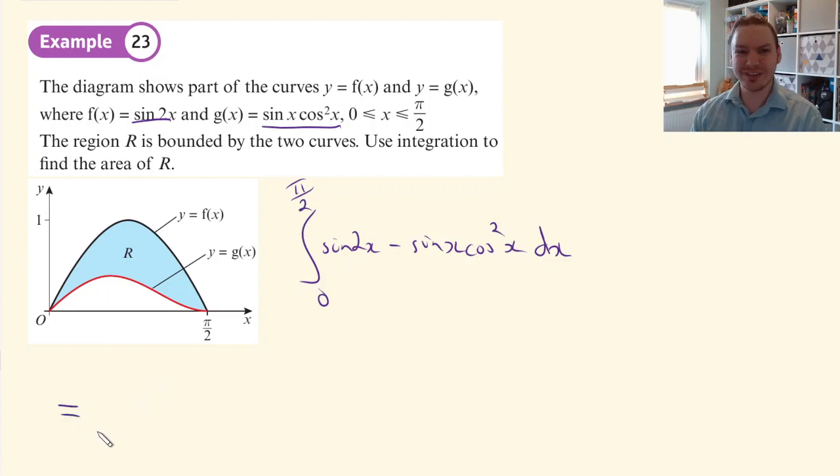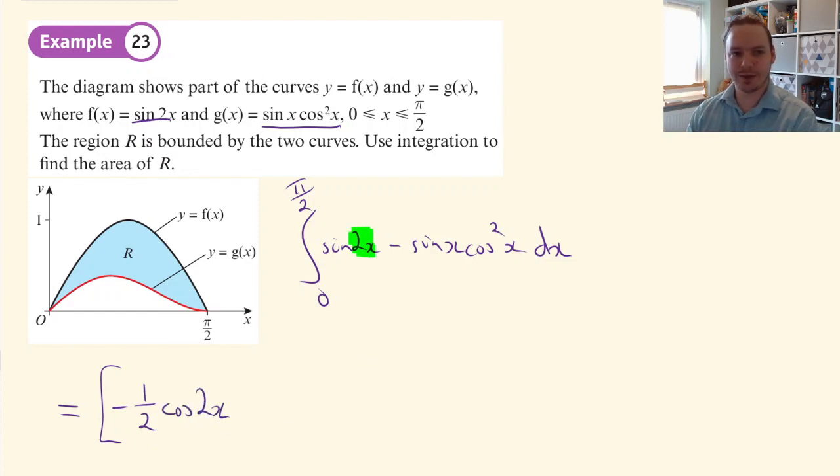I'm not going to go through in detail where these come from, but suffice to say, sine 2x is a function of a linear function, like we saw a minute ago. So we integrate the sine function and then we divide by 2 at the end. So we end up with negative a half of cos 2x.